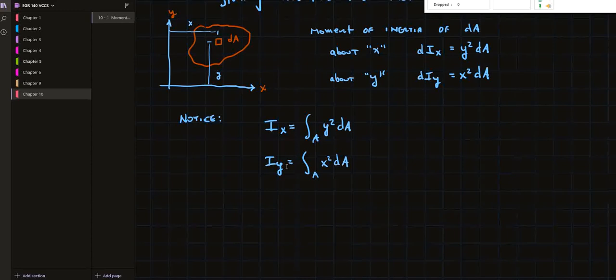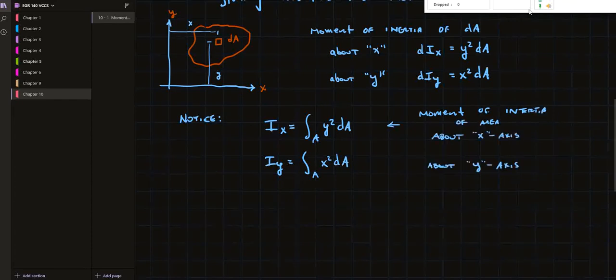So this is then the moment of inertia of the area about the x-axis and about the y-axis.